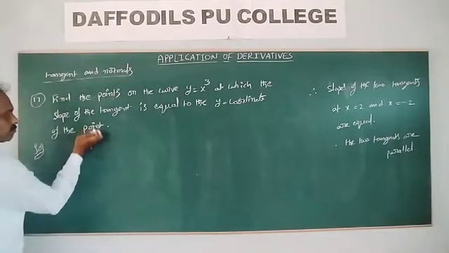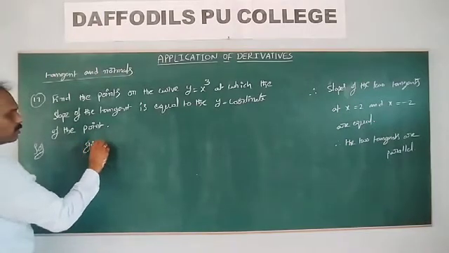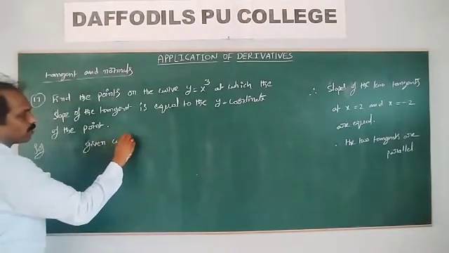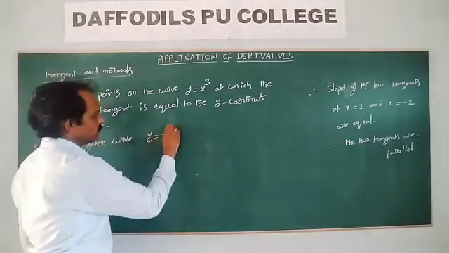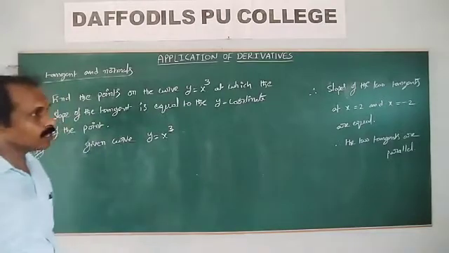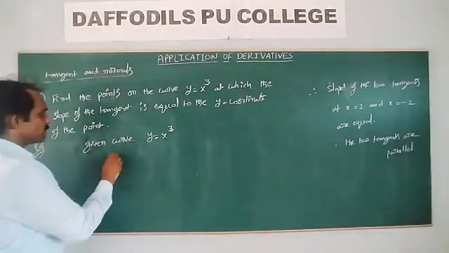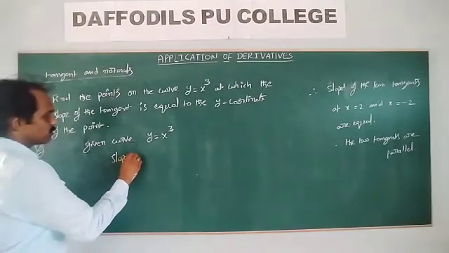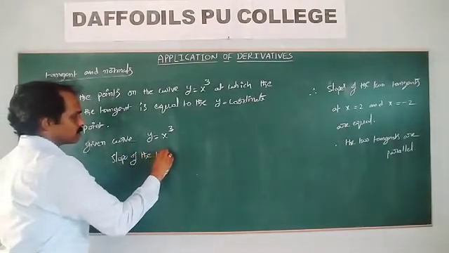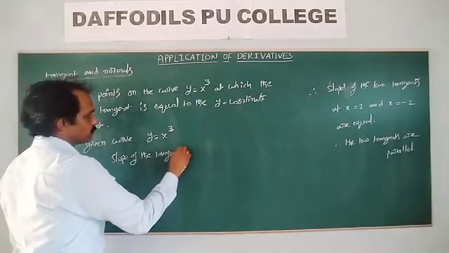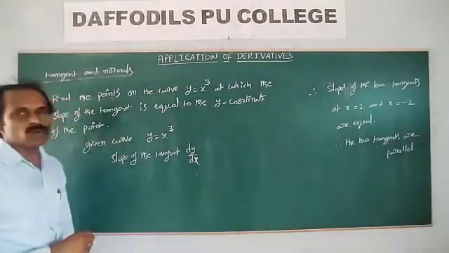Given curve, y is equal to x cube, equation 1, and the slope of the tangent dy by dx is equal to the y coordinate.